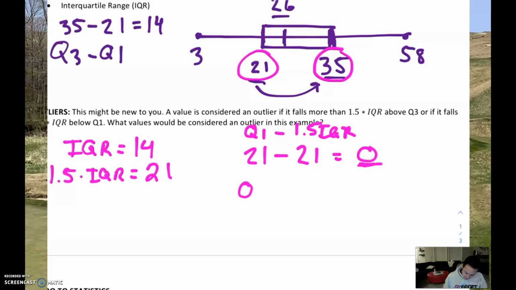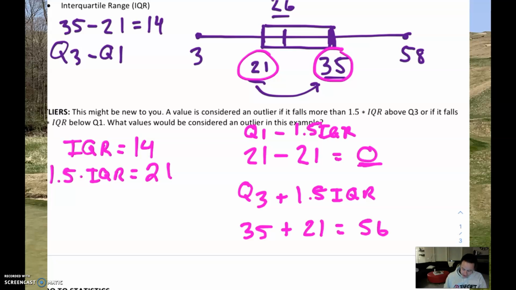Or we could have Q3 plus 1.5 times the interquartile range. Our Q3 was 35, then we add 21, and that's a 56. So anything that's 56 or bigger would be considered an outlier. So outliers would be smaller than 0 or greater than 56.